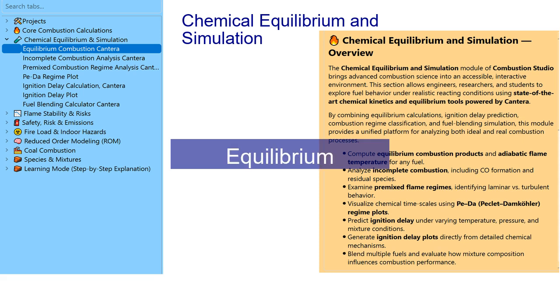condition. Chemical equilibrium and simulation. Overview. The chemical equilibrium and simulation module of Combustion Studio brings advanced combustion science into an accessible, interactive environment. This section allows engineers, researchers, and students to explore fuel behavior under realistic reacting conditions using state-of-the-art chemical kinetics and equilibrium tools powered by Cantera.